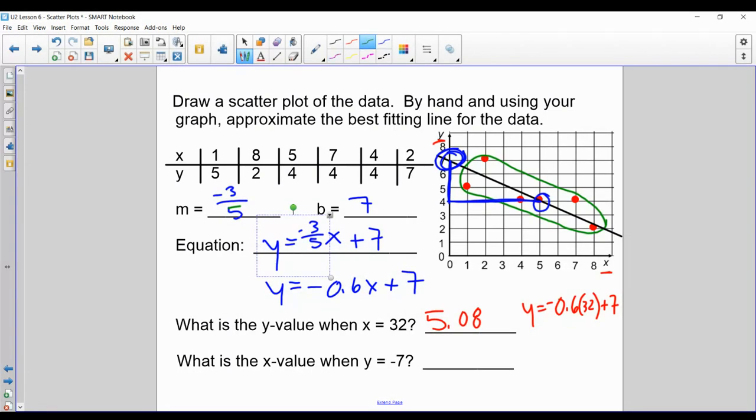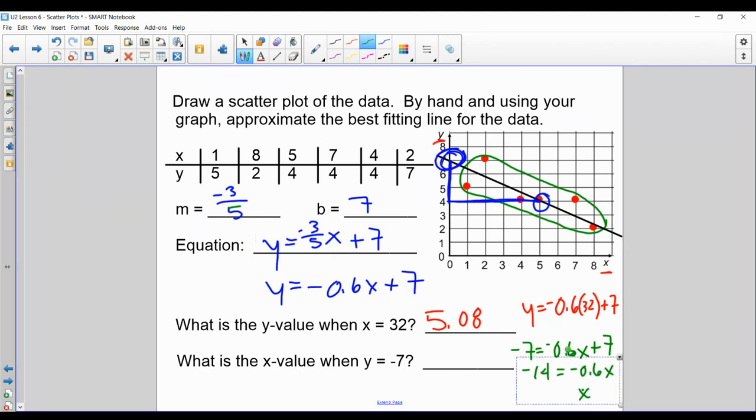All right, so for this last one, if I have a y value of -7, I'm going to plug that in place of y in y equals -0.6 x plus 7. So I'm going to subtract the 7 and get -14 equals -0.6 x.